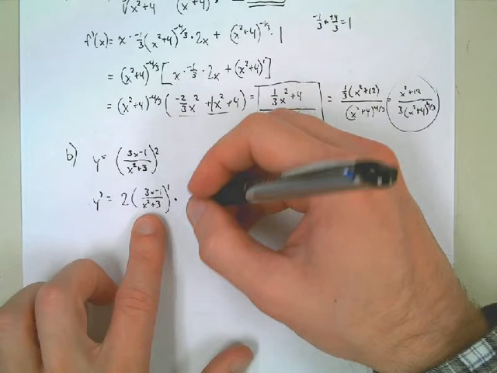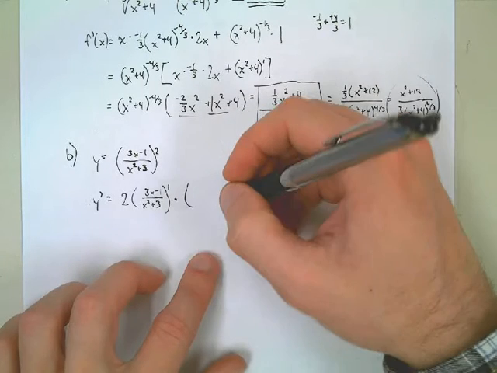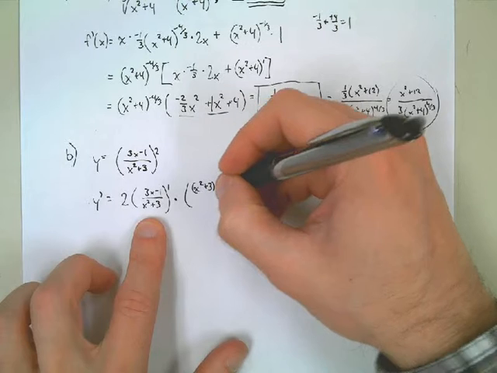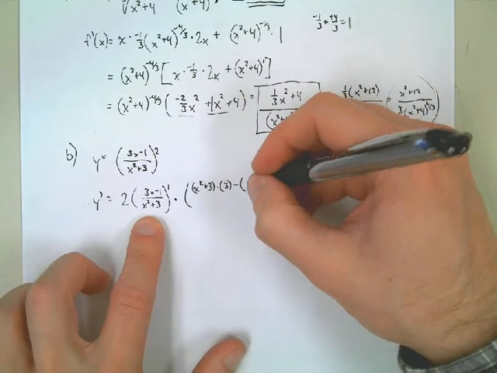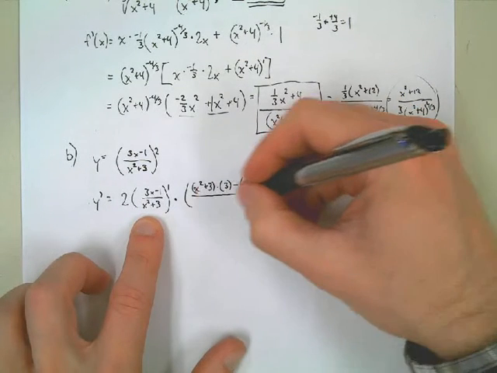That's right, Jack, exactly right. So, bottom times the derivative of the top minus the top times the derivative of the bottom, all over the bottom squared.